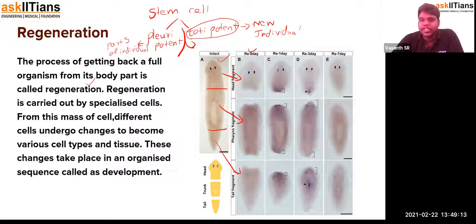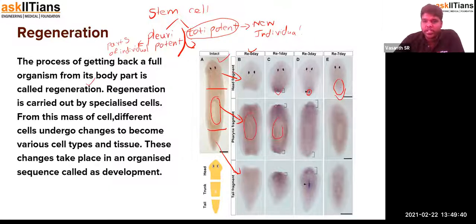In the C section, you can see it is trying to form a structure. On the third day, in the head region, you can see the formation of pharynx, this region over here. Here the pharynx is formed and the tail will be formed over here. And here, the middle piece already has pharynx.